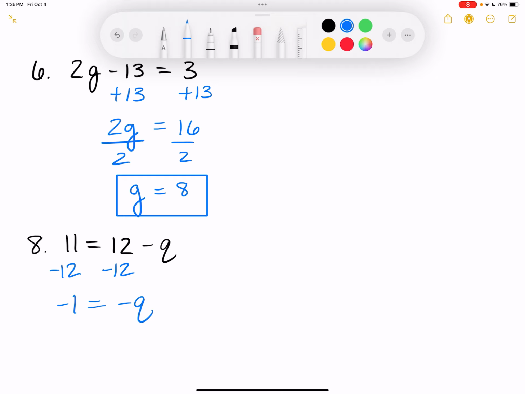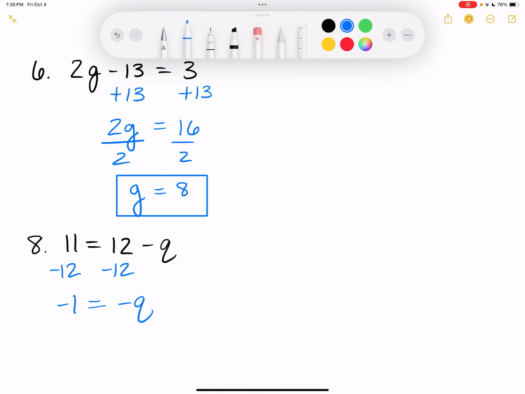Now what do I have to do? What does this mean, negative? That would be divide by what?